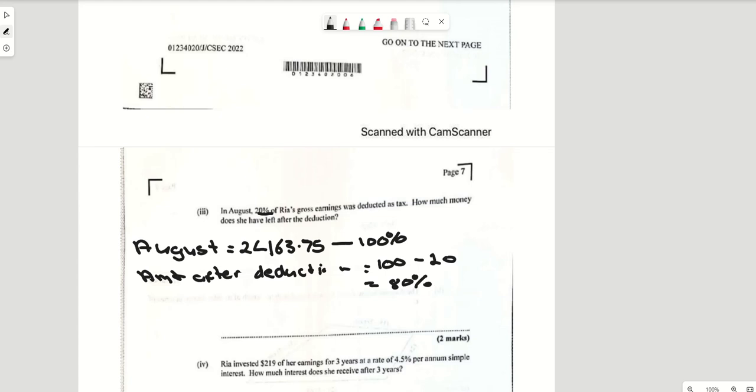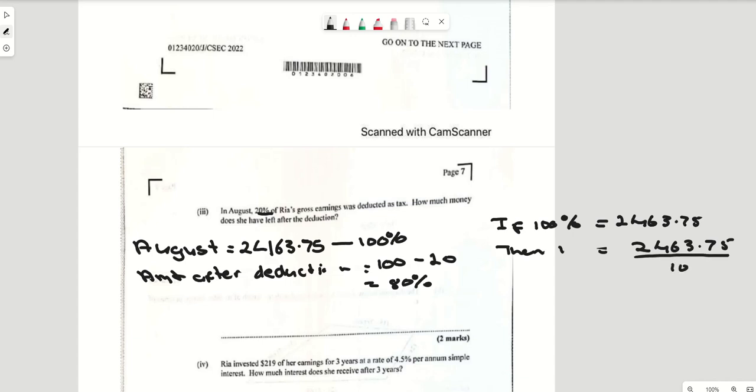So we're basically trying to find out how much is 80%. So if 100% is equal to $2,463.75, then for 1% it would be $2,463.75 divided by 100.